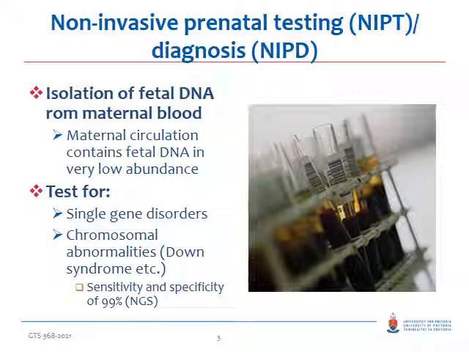Even paternal sequences for genetic conditions such as achondroplasia have been detected in maternal blood. Fetal aneuploidy screening can now be done by massive parallel DNA sequencing, where fetal DNA can be distinguished from maternal DNA with a sensitivity and a specificity of about 99%.